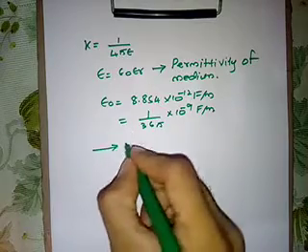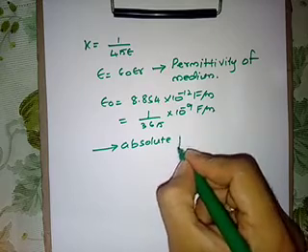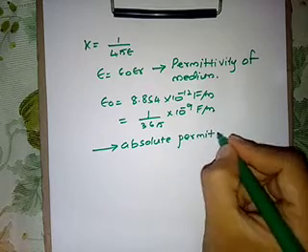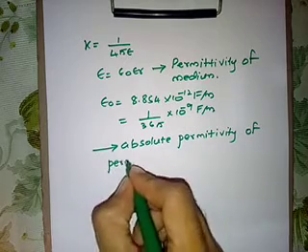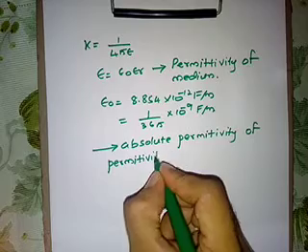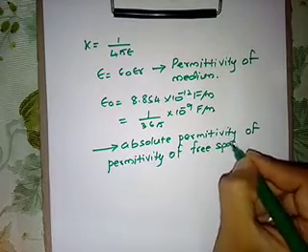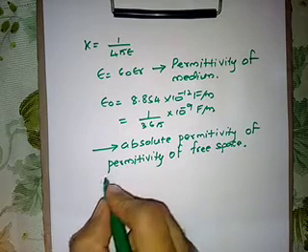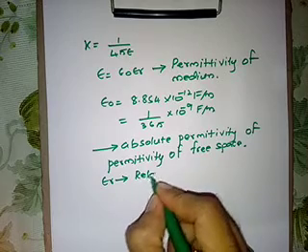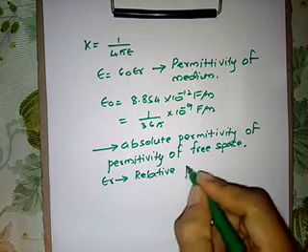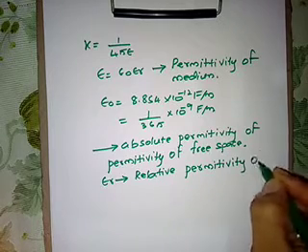This is called absolute permittivity or permittivity of free space, and epsilon r is the relative permittivity of the medium.